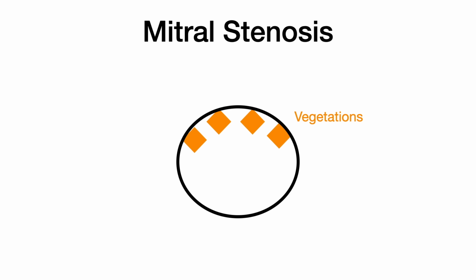Because these vegetations are just chilling on the valve, functionally, the amount of open space that the mitral area has is now reduced. So although there's technically not a mitral stenosis, functionally, the effect on the heart is identical. There's reduced volume or reduced space through which the blood can flow from the left atrium into the left ventricle. So this is functionally a mimicker of mitral stenosis.